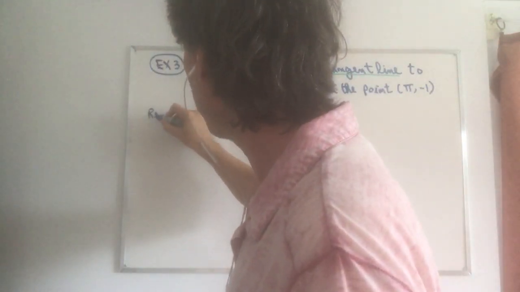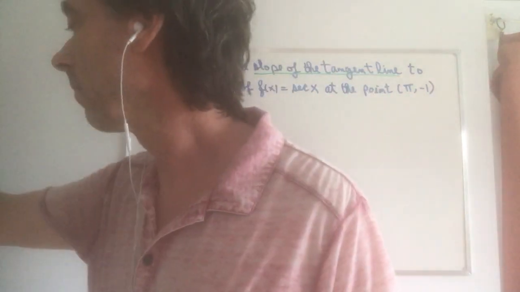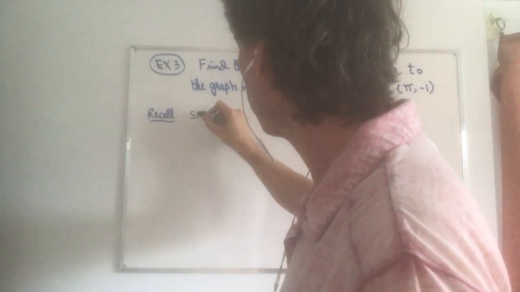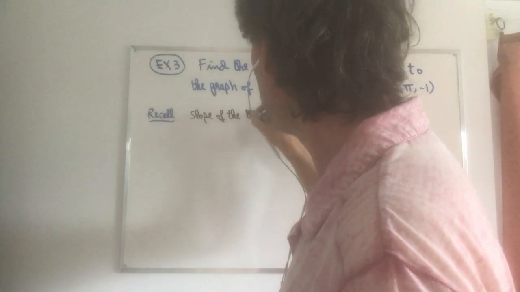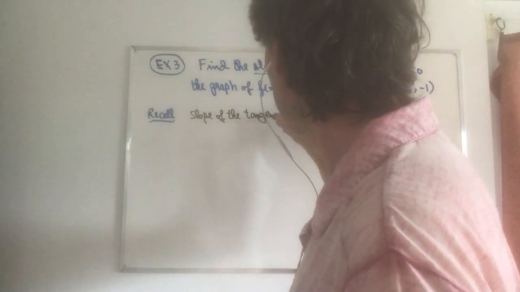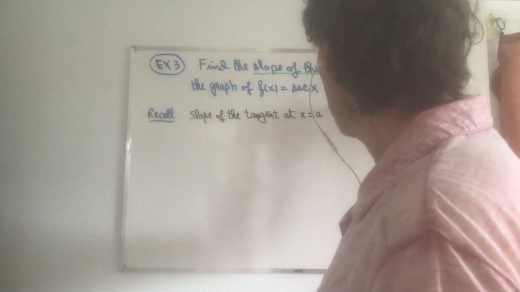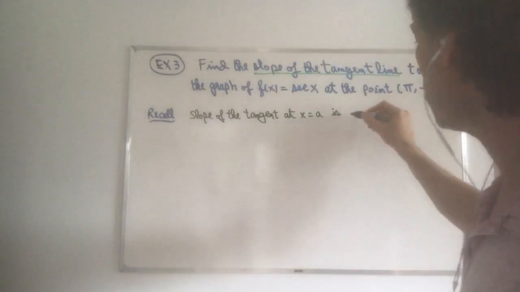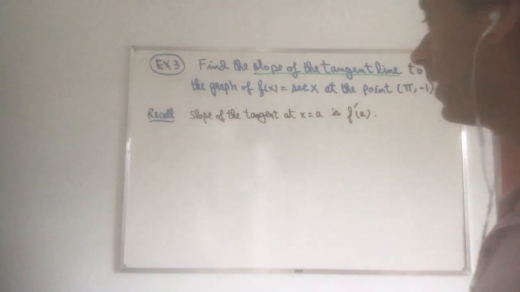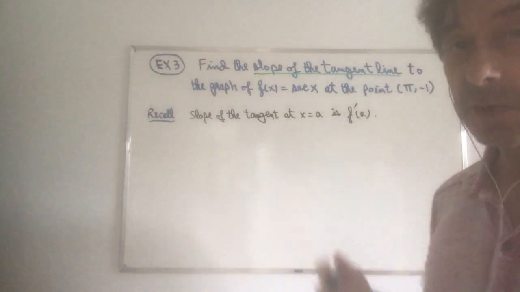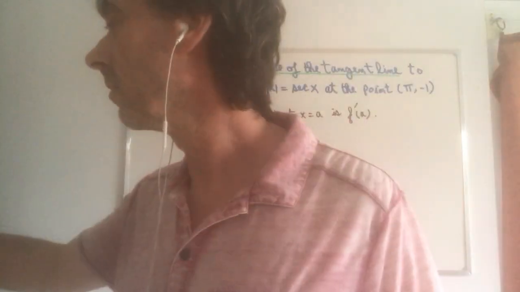So recall, before we dive into this problem, recall the slope of the tangent line at x equals a, if it exists, of course, if it exists, is f prime at the point a. So slope of the tangent line means derivative, provided, of course, this derivative does exist.